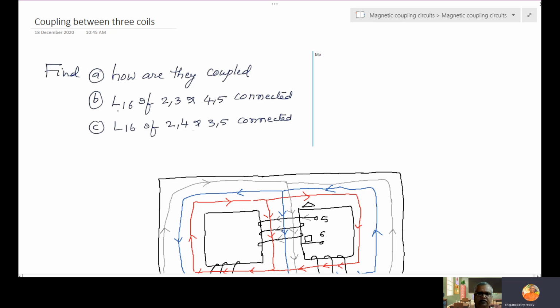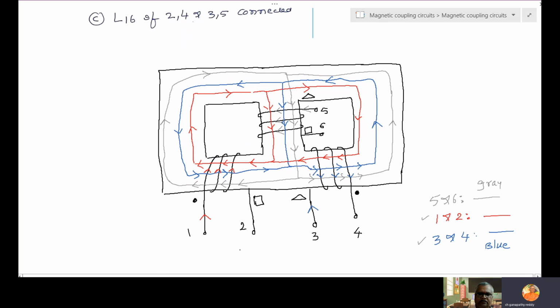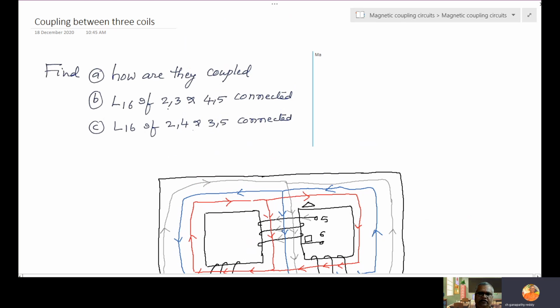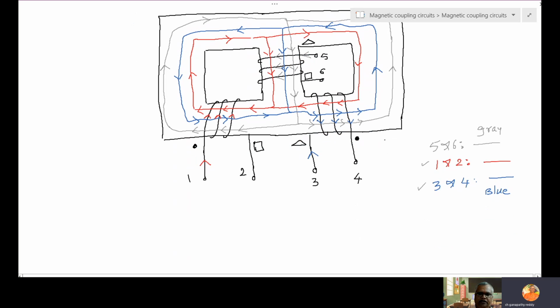What is part B? L16, the equivalent inductance between 1 and 6, if 2, 3 are connected and 4, 5 are connected. So what is L16?